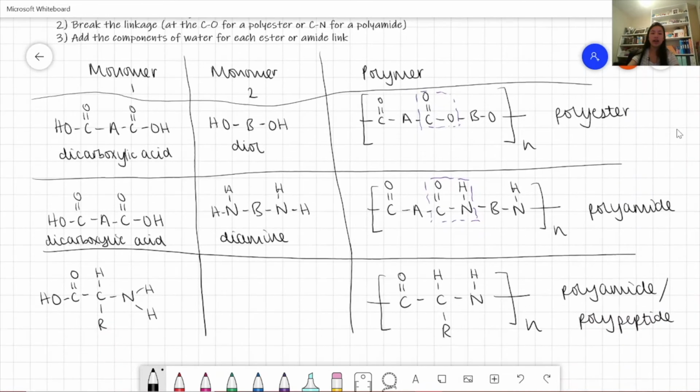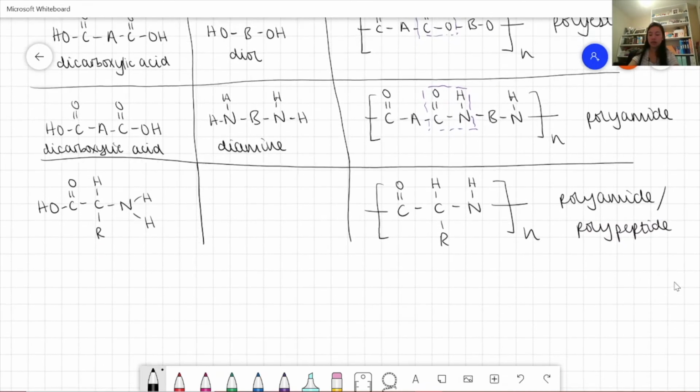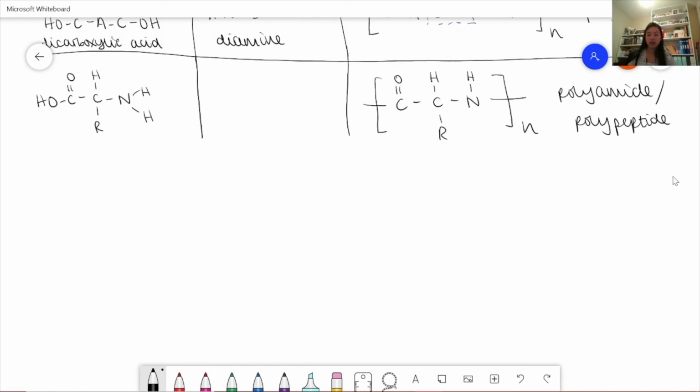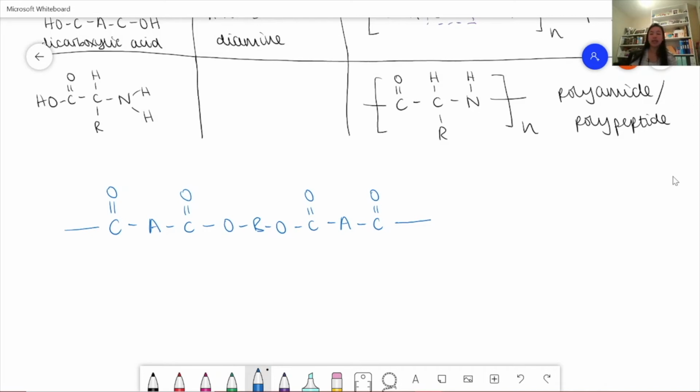If we look at a quick general example, we have carbon double bonded with an oxygen and then A, and then we have O, CO, C double bond A, C double bond O. You can see this is a polyester because we've got this classic ester group there.